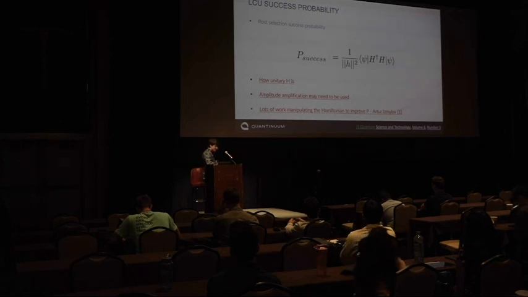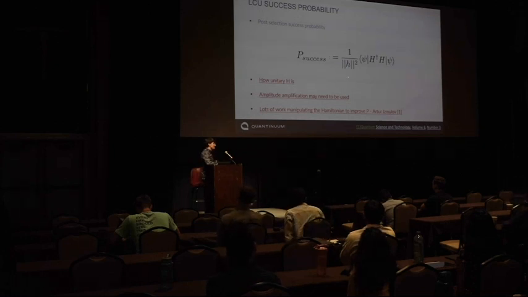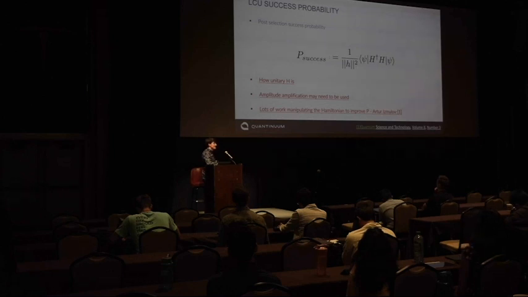And there's been loads of work in this area, because obviously this H here is just the coefficient of the Hamiltonian. This can be modified in the pre-processing step before you do the circuit implementation of LCU. Notable work here is Arthur Ismailov, who is mangling the chemistry Hamiltonians as much as possible to improve the success probability without destroying the observable of interest.